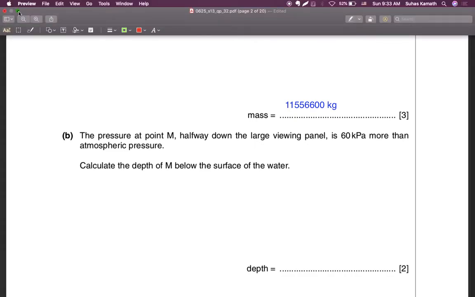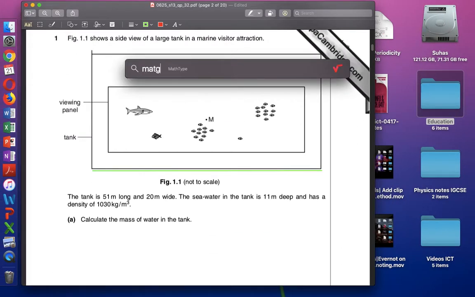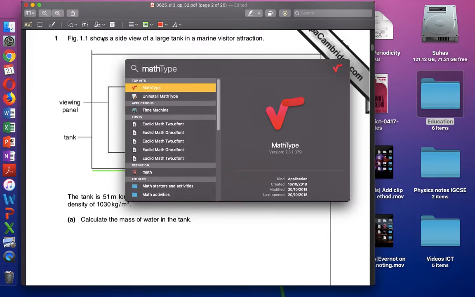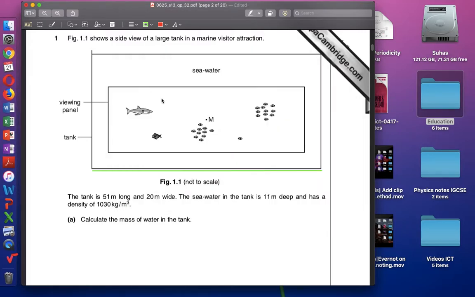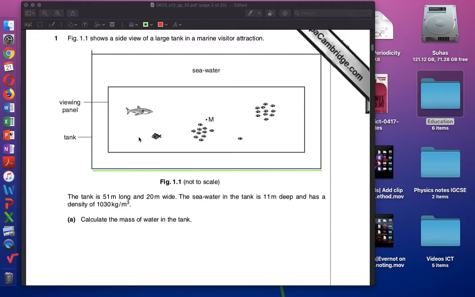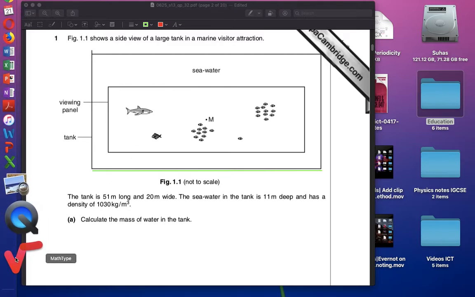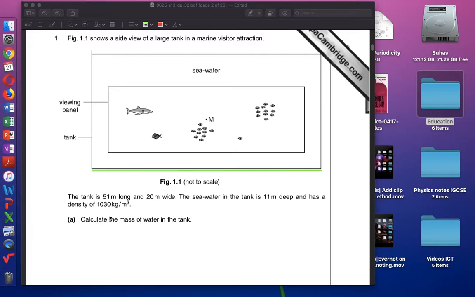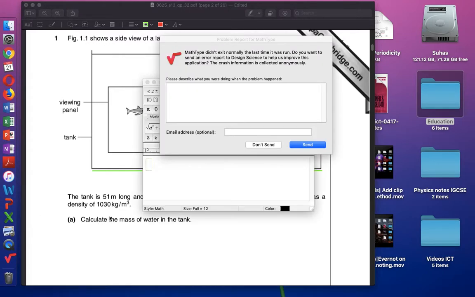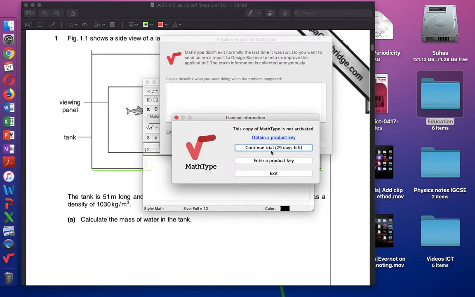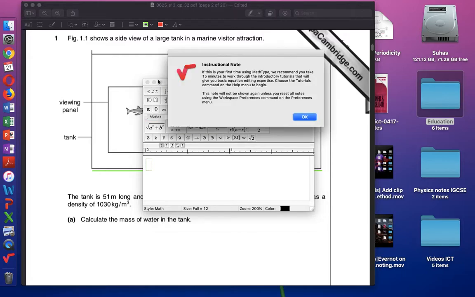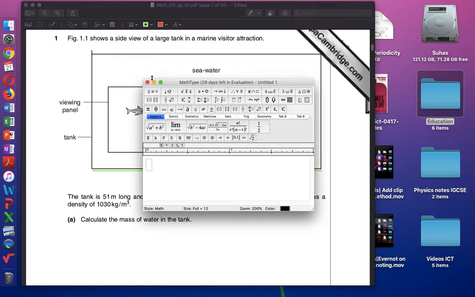So maybe I'll just do this with MathType.